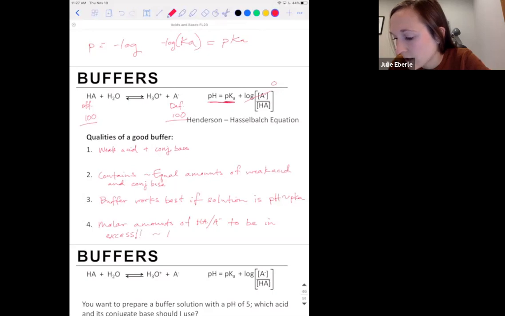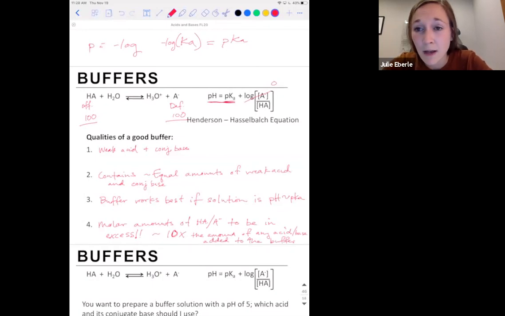Roughly 10 times the amount of any acid or any base you had. You want almost 10 times the amount of your buffer components, the weak acid and the conjugate base, compared to any acid or base that you add to the solution, right?